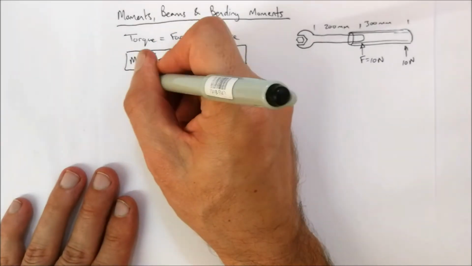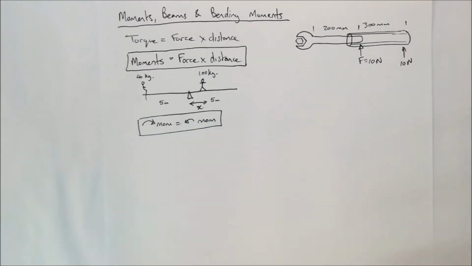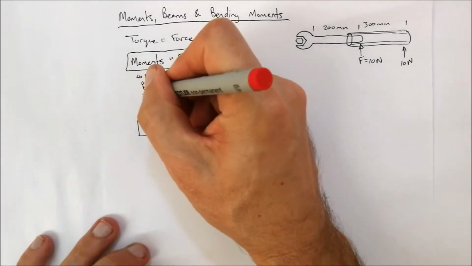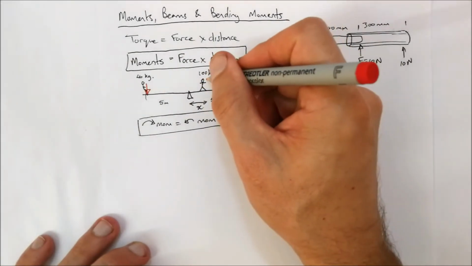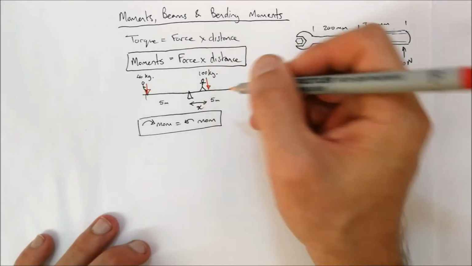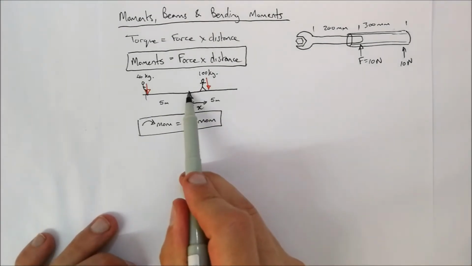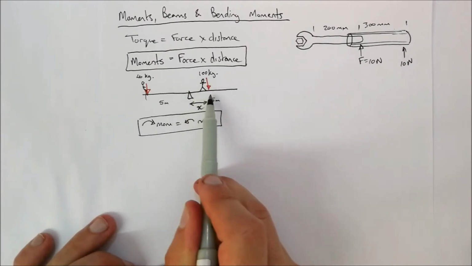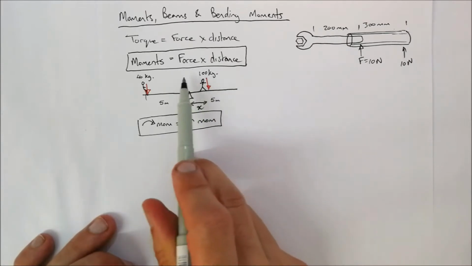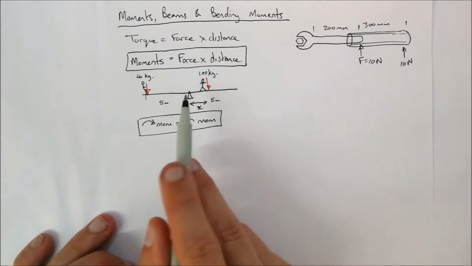So obviously this 40 kg over here is going to be part of a force going down over there, and this 100 kg is going to be part of a force acting down over there. If you place your pen over there and go in a clockwise direction, this 100 kg is going with the clockwise direction, so we're going to take that into account.